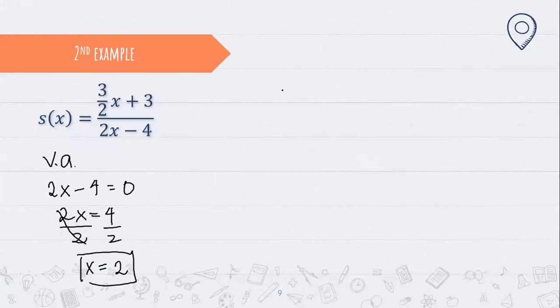How about horizontal asymptote? HA na lang. Okay, so what is the variable with the highest degree? VHD, variable with the highest degree, ano pala? X po, sir. Okay. So what's our function?